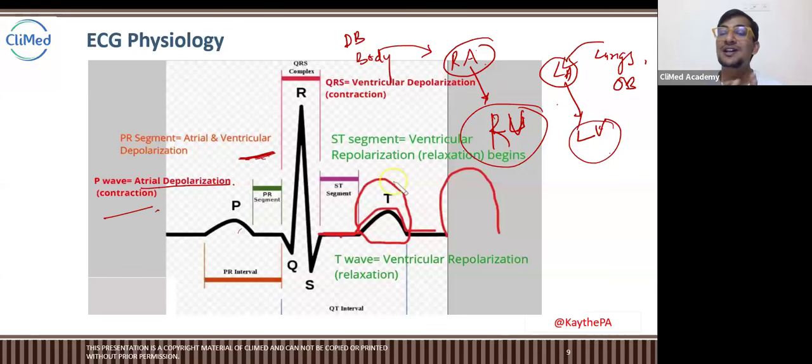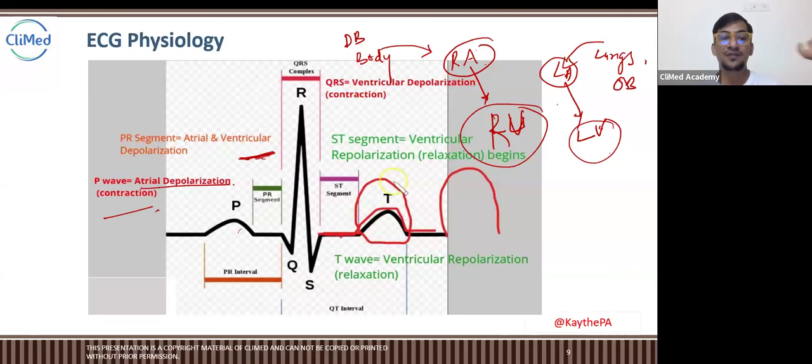The ventricles are completely relaxed here, meaning the entire blood has gone, and now these two sacs, RV and LV, are ready to receive the blood from the next beat, as the cycle goes on. For the next cycle, these are ready to take the blood from the right atrium and left atrium, right?